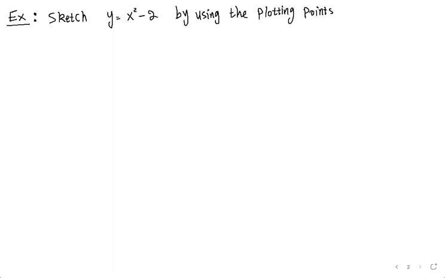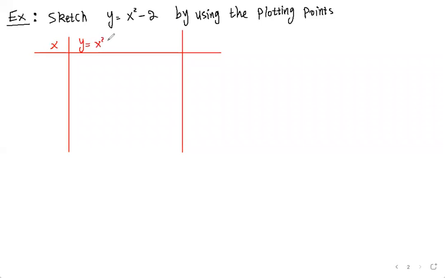So let's now take some points. First of all, let me draw the table. So this is my x, and here is my y equals x squared minus 2. And the point is x comma y.